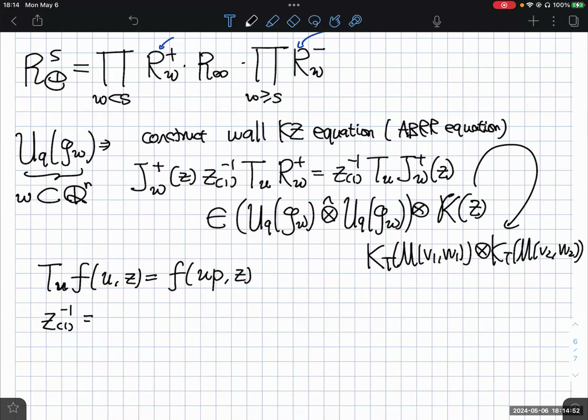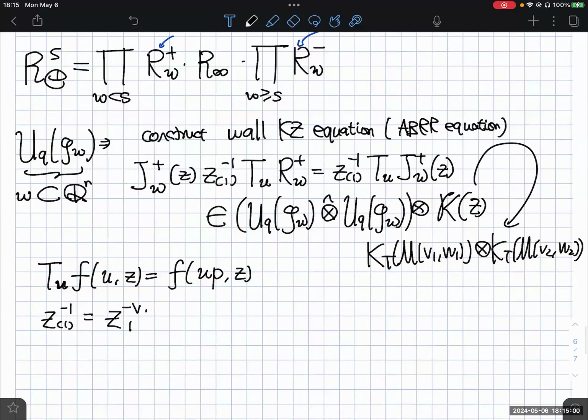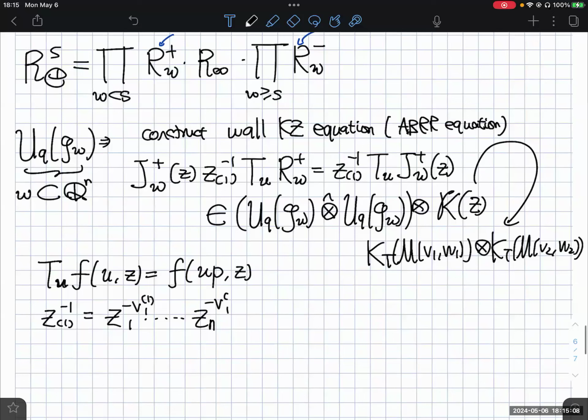This Z1 notation just means the multiplication of the Kähler variables in V11 to V1n. And we shall take this dimension vector as given.